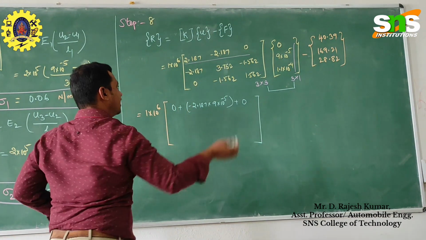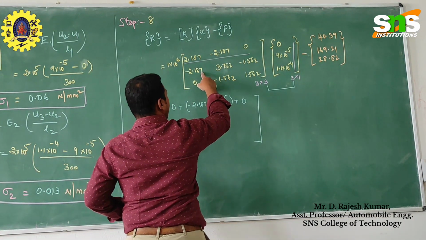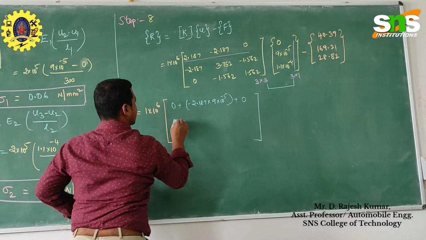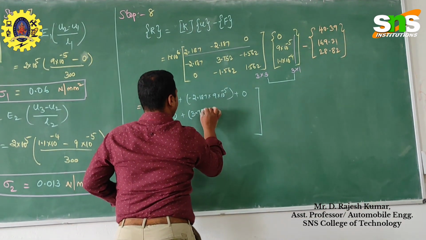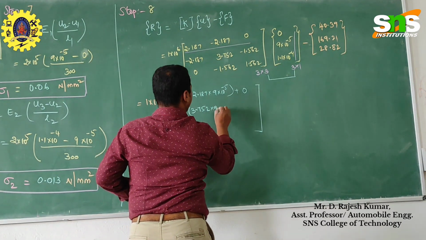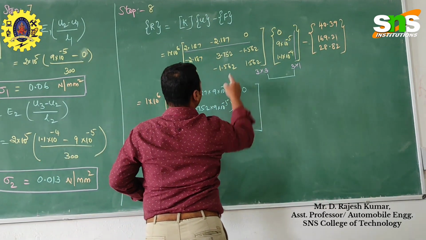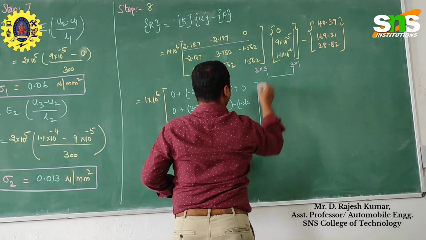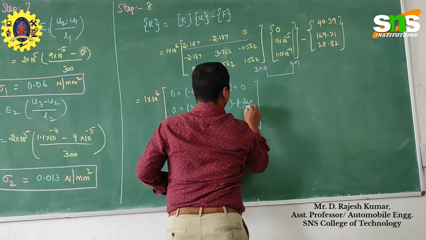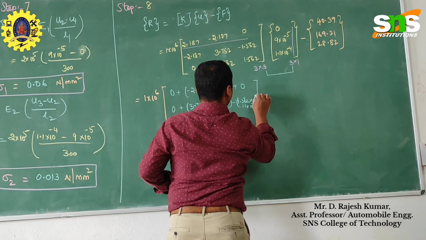Next, 0 minus 2.187 into 0 is 0, plus 3.752 into 9 into 10 power minus 5, minus 1.562 into 1.1 into 10 power minus 4.